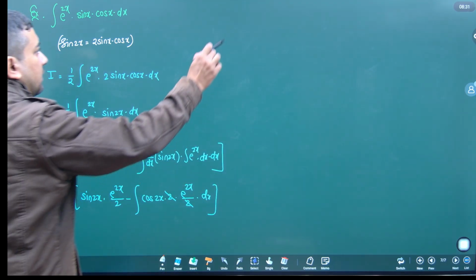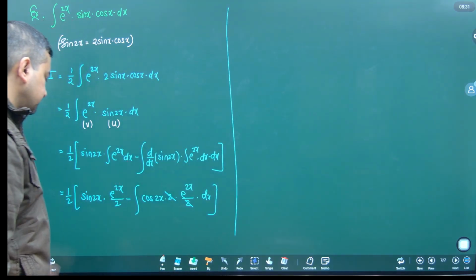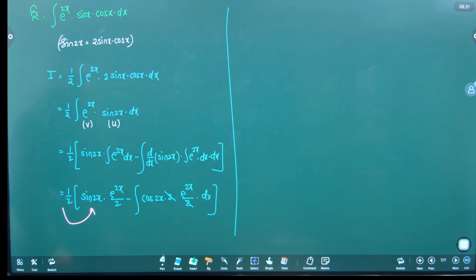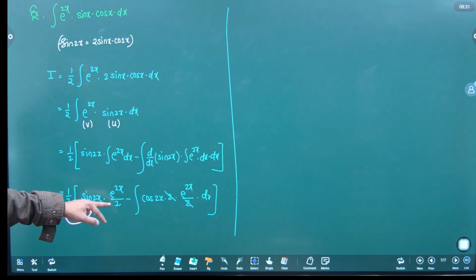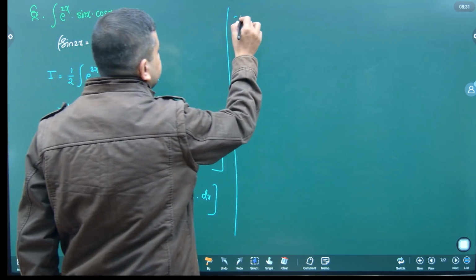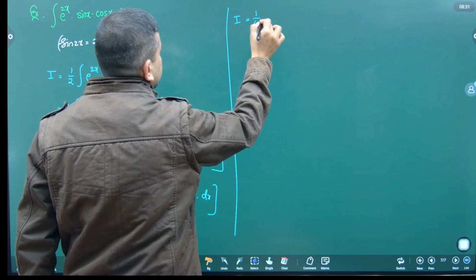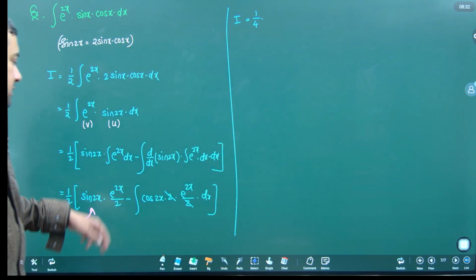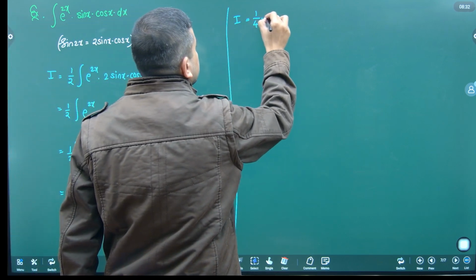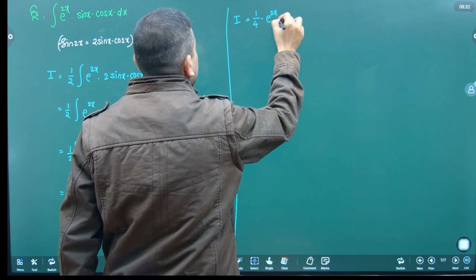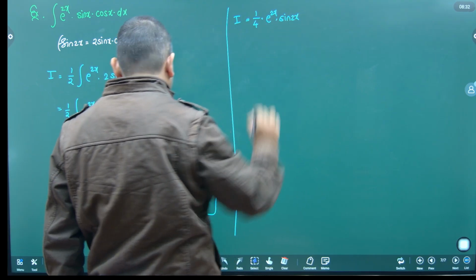Right? Okay. So let us multiply with this. So 1 by 2 into 1 by 2, it will be 1 by 4 into, what are these terms? E to the power 2x into sin 2x, correct?